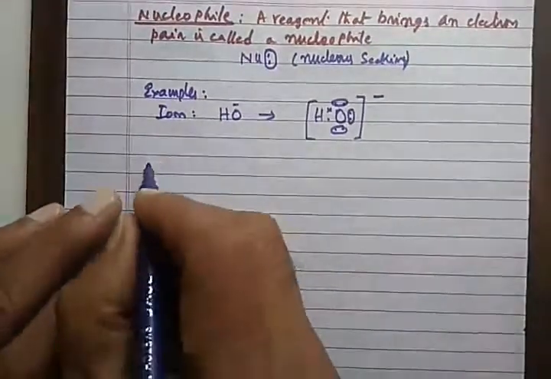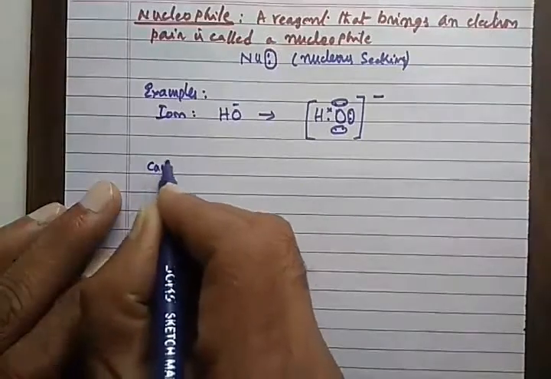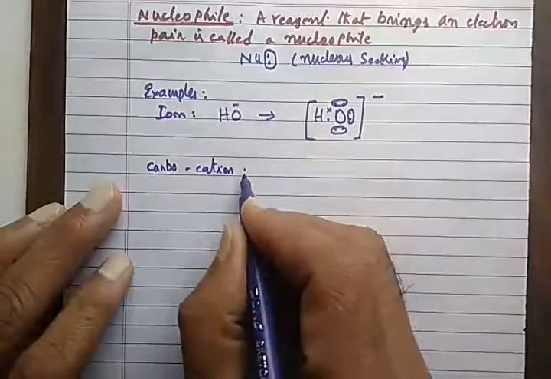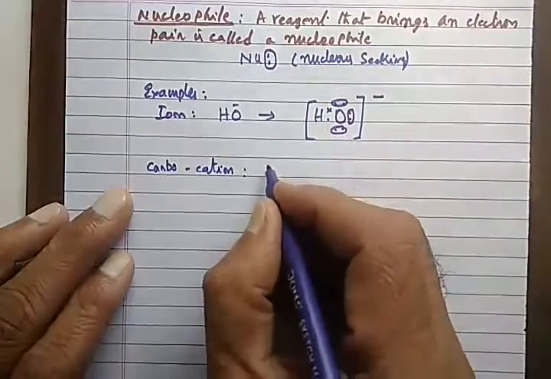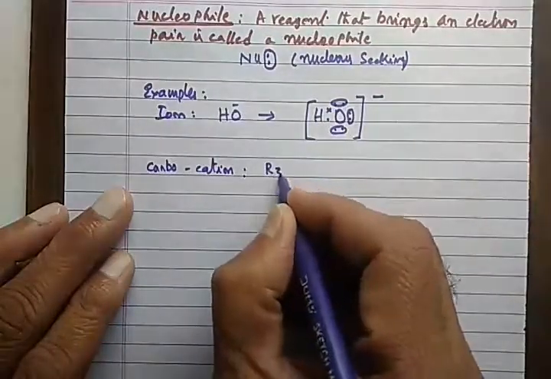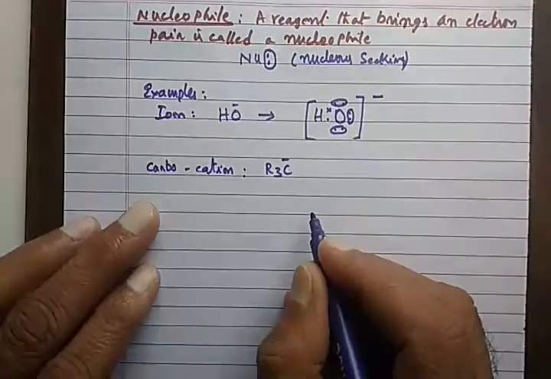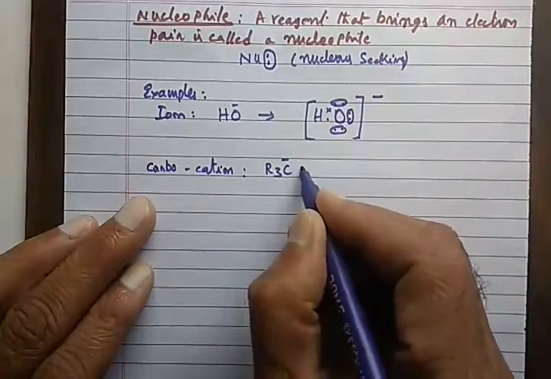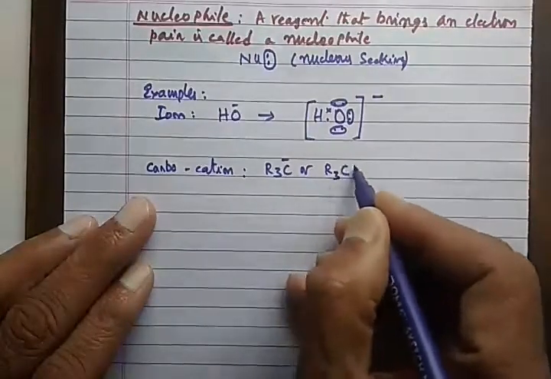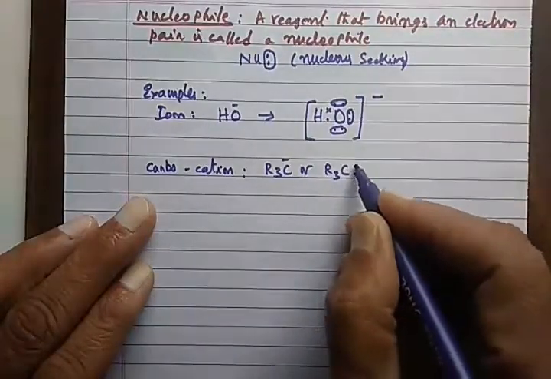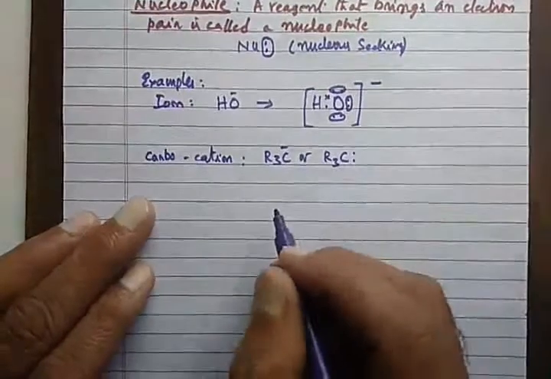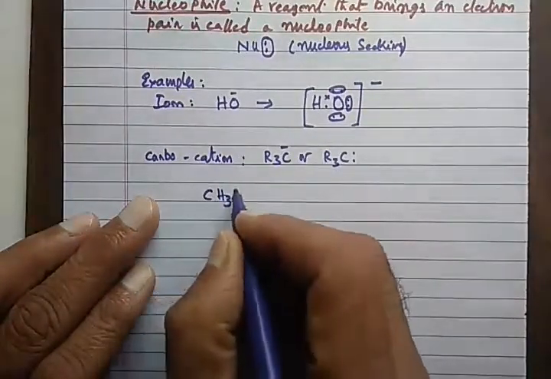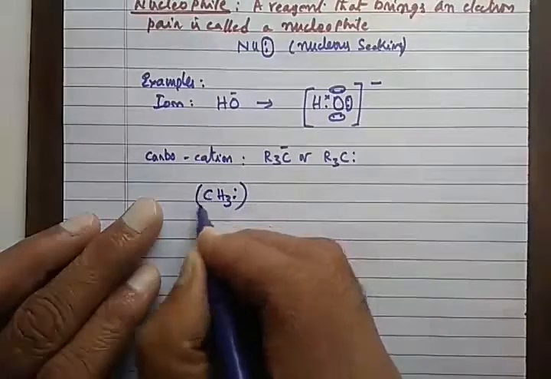Then we will take another one, a carbanion. I will take R3C. We can represent this R3C with a colon, which is an electron pair. I will take the example of CH3. We will write it like this.